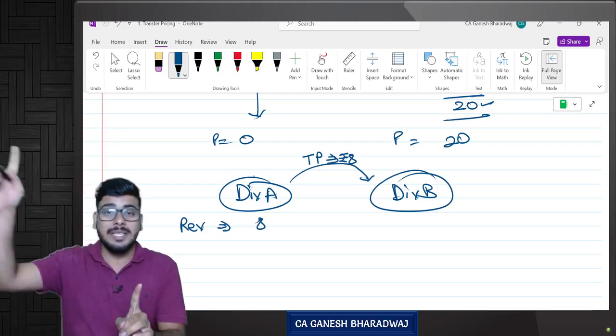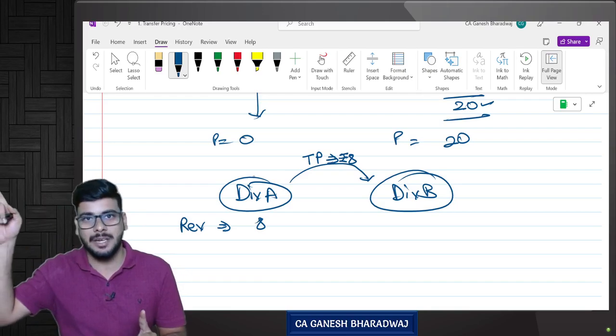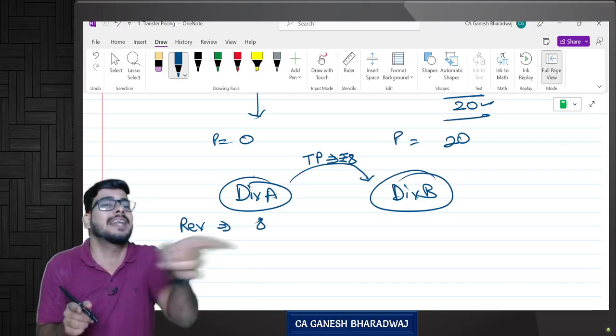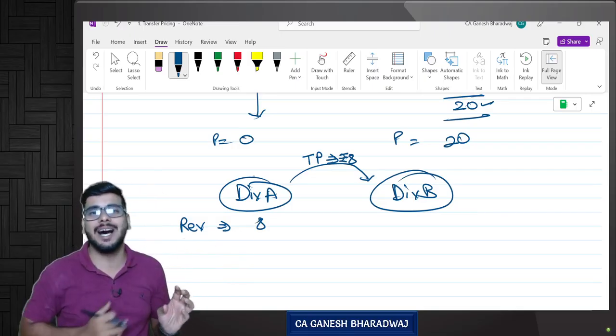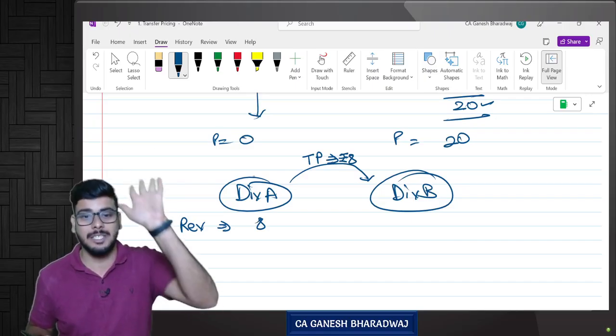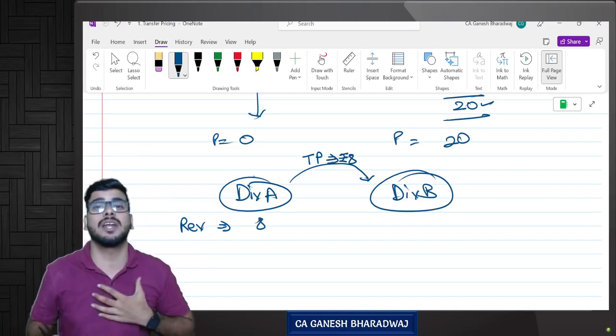I am not selling it to an outsider. If I sell it to an outsider, this price is called a selling price. Since I am selling it to an internal person, another division, we give it a name called transfer price, the price at which the transfer happened. If you do it to an outsider, it's called a sales price. If you do it to an insider, it's called a transfer price.